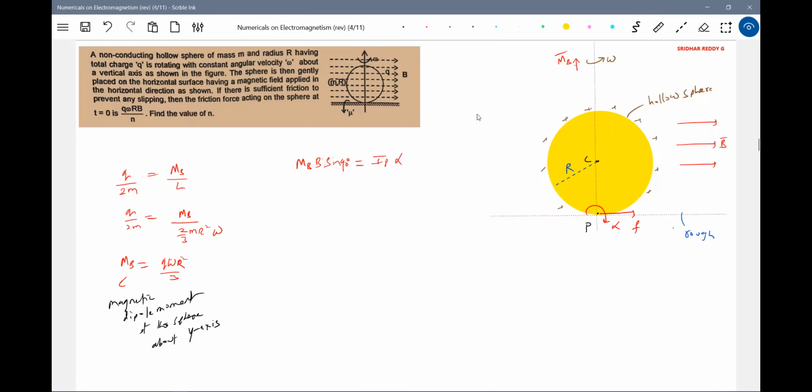So this should be equal to, now we know m b bar, just now we calculated, q omega r square by 3, b sine 90 is 1, moment of inertia, or I'll write the parallel axis theorem, I c plus m r square, into alpha. What is I c? Should be 2 by 3 m r square. So 2 by 3 m r square plus m r square into alpha.